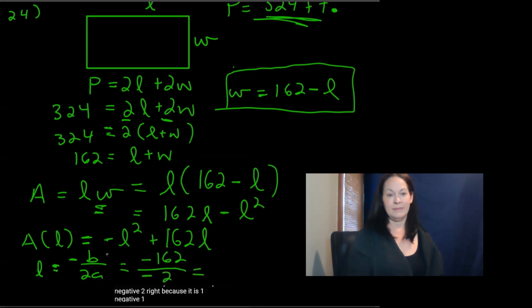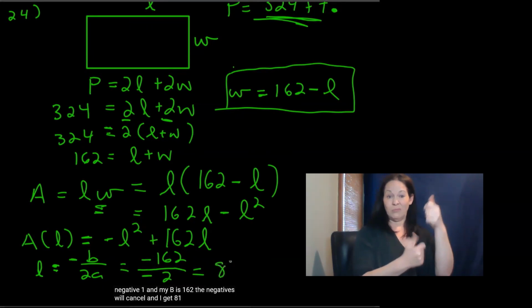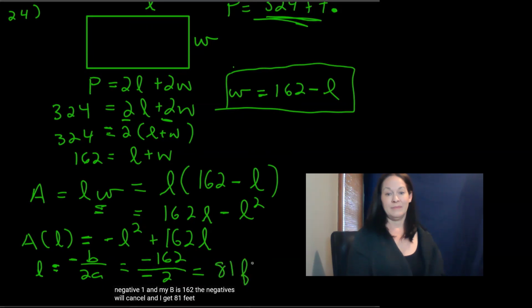Because a is negative 1, and my b is 162. The negatives will cancel, and I get 81 feet. So my length is 81 feet.